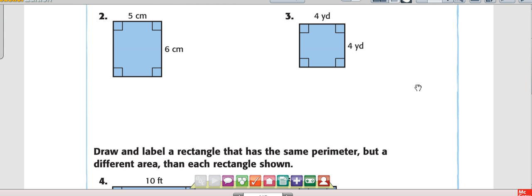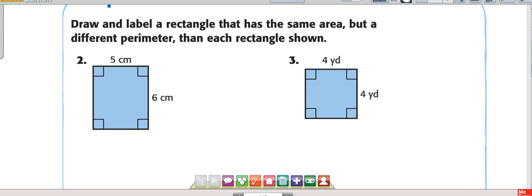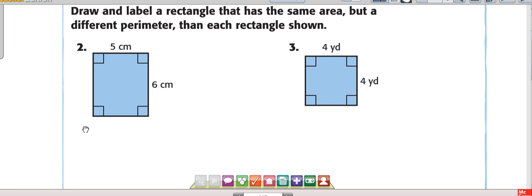For number 2 and number 3, go ahead and find the area and the perimeter for both of those. So again, to find the area, it's going to be length times width.